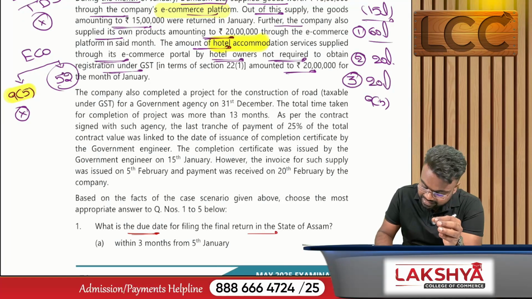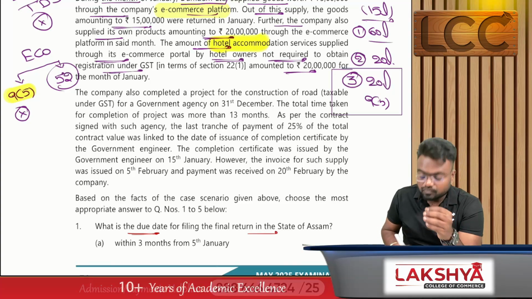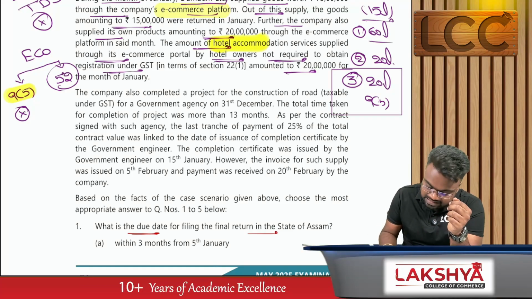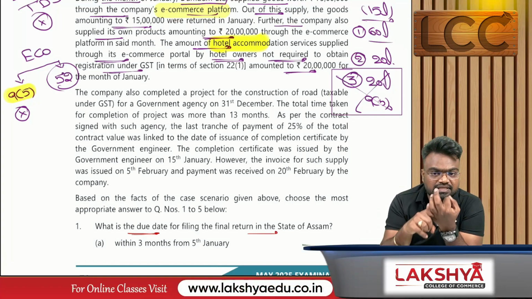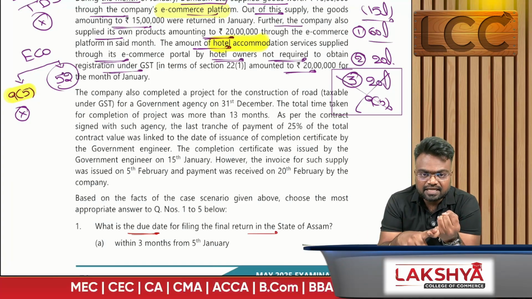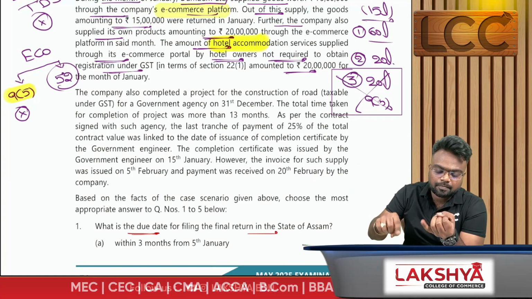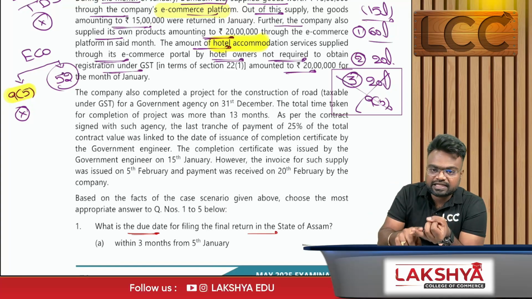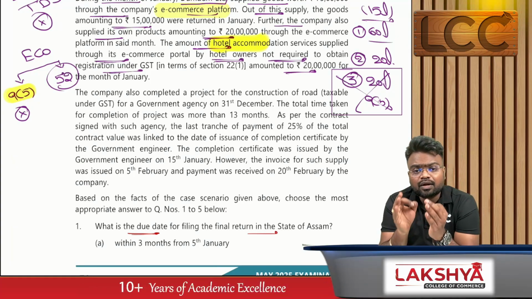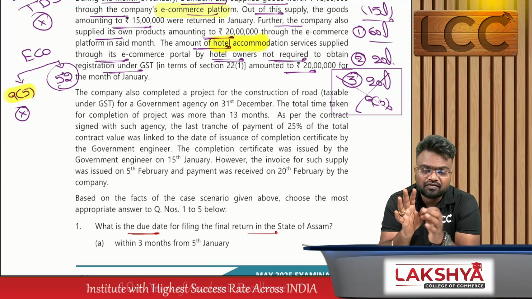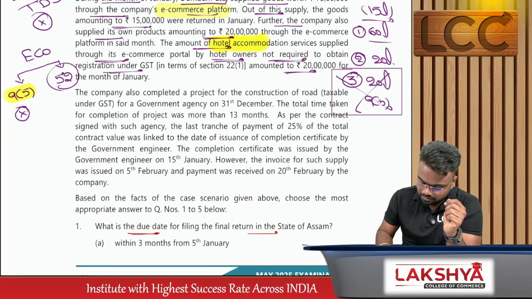Hence on these 20 lakhs, TCS is not applicable. So in total we discussed 3 points here. First one, 60 lakhs, that is other suppliers. Second one, our own supply, 20 lakhs. Third one, hotel accommodation services, covered under 9(5), hence TCS is not applicable.